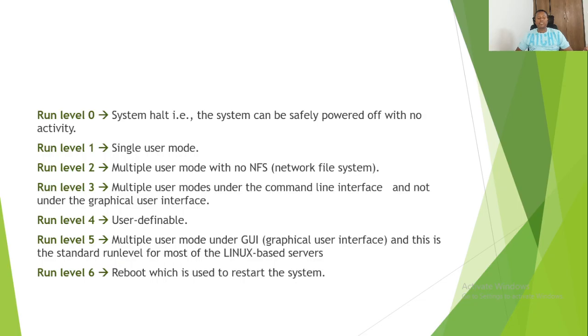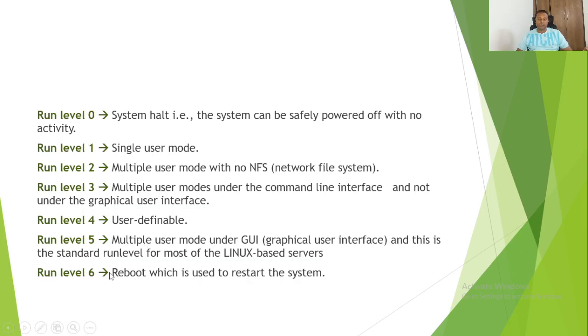But if you are using run level 3, you will have only the command line interface. You cannot see that particular folder and file like in Windows, but you can list it. Mostly it is run level 5 that is used. We'll check in our server also which run level is available.